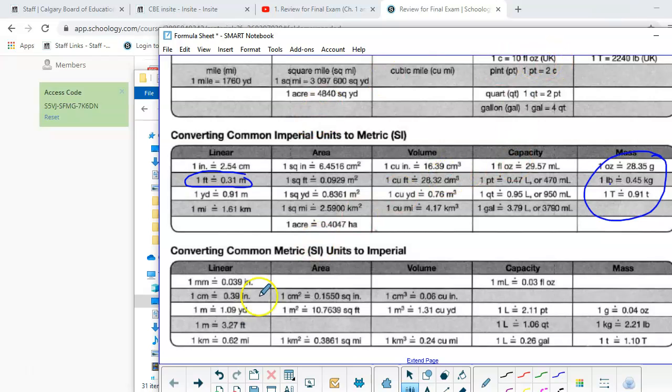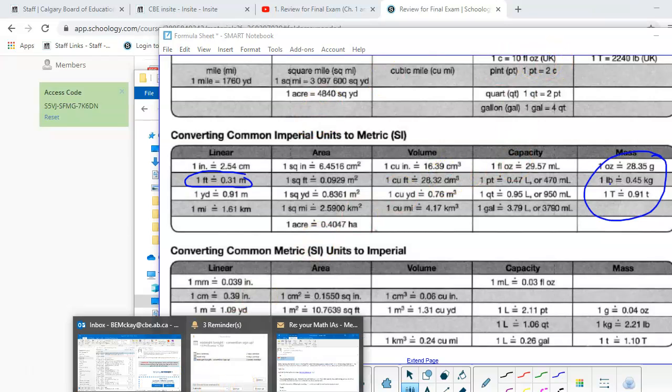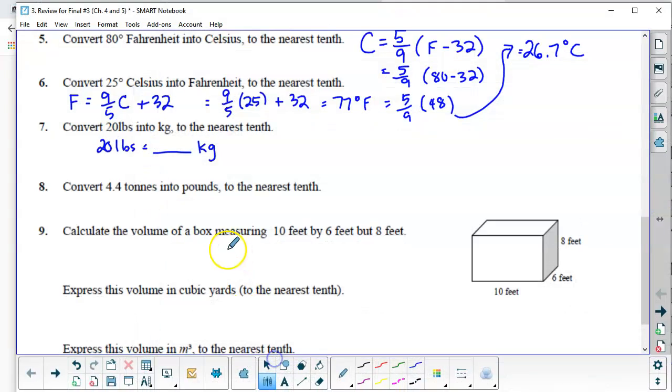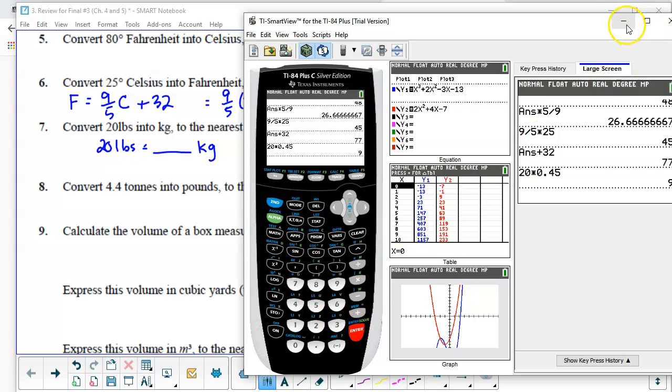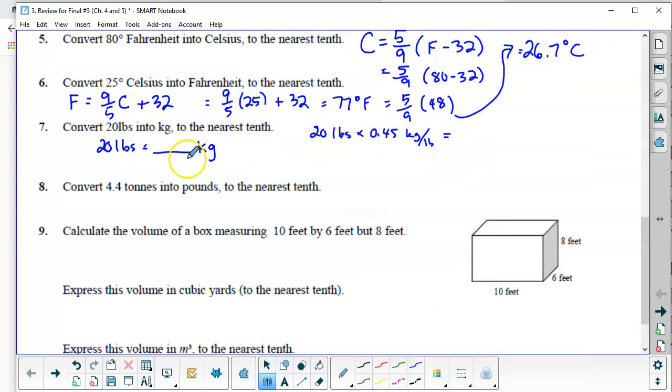Oh, I keep doing that, sorry, 0.45. Okay, so we want to take 20 pounds, multiply 0.45 kilograms per pound. Okay, and then 20 times 0.45 is 9. So 9 kilograms.